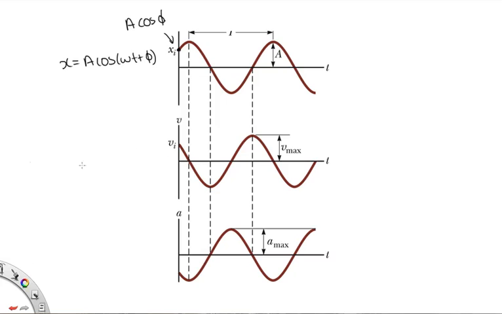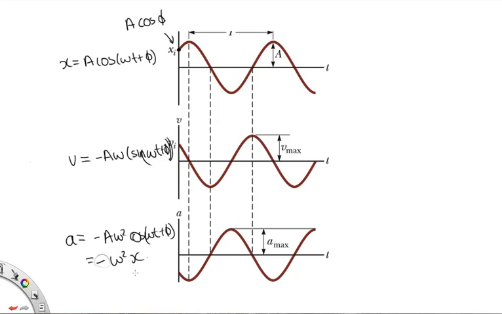Our equation for the velocity is equal to minus A ω sin(ωt + φ). And our expression for the acceleration is minus A ω² cos(ωt + φ), which is equal to minus ω² x.